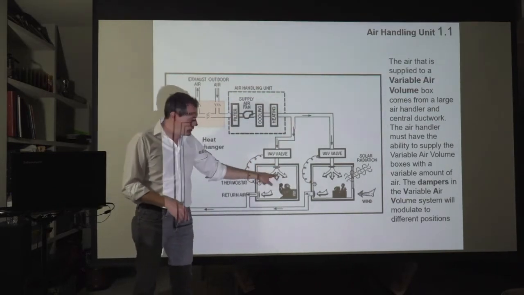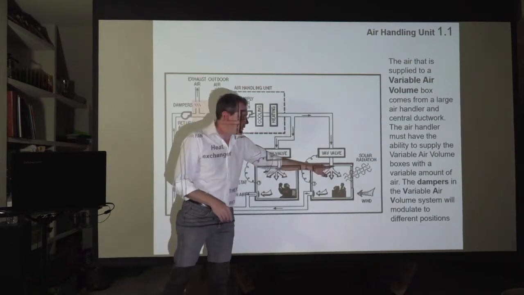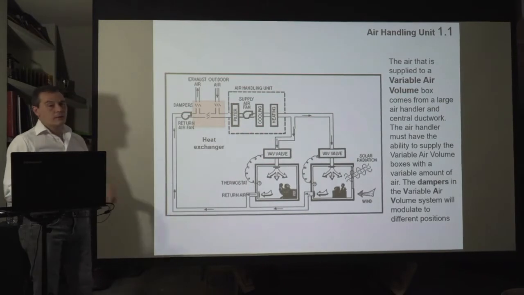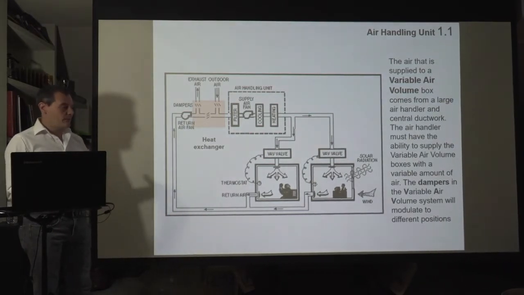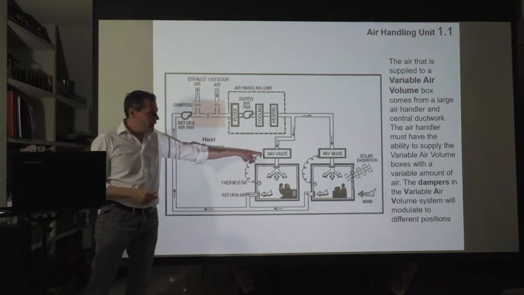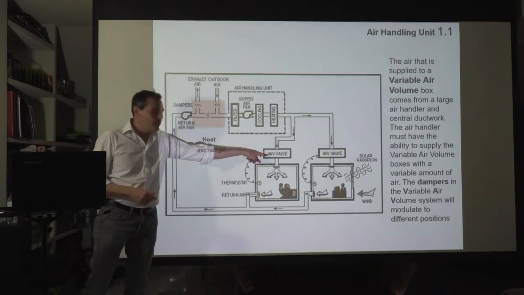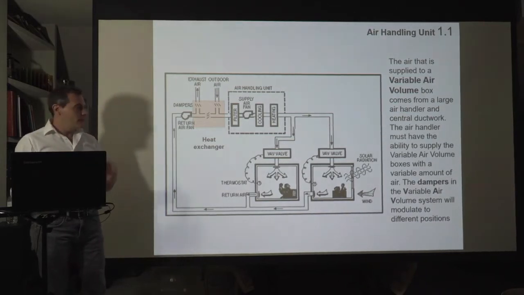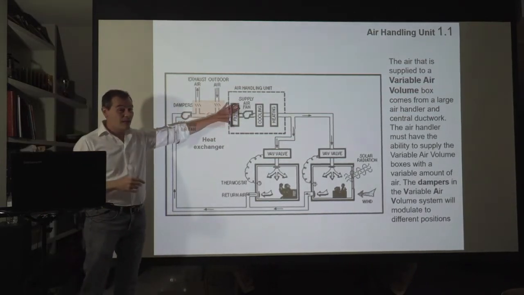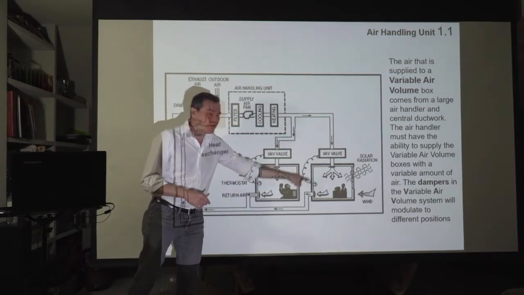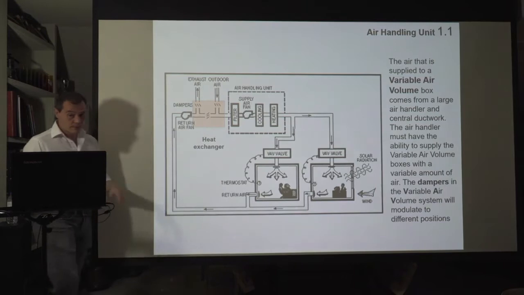And this is the grill or the diffuser, and this is what makes the air get into the room, not the building, but the room itself. Then we can have a thermostat, we can have variable air volume valves. So there are a lot of things, and we will talk about this later. But basically, this is the basic unit: the air handling unit, the ductwork, and then the diffusers or the grills.